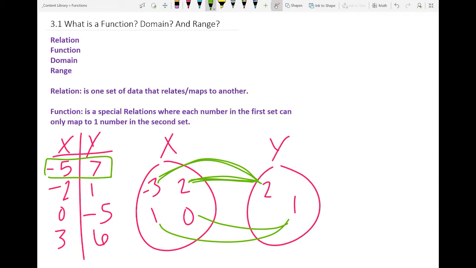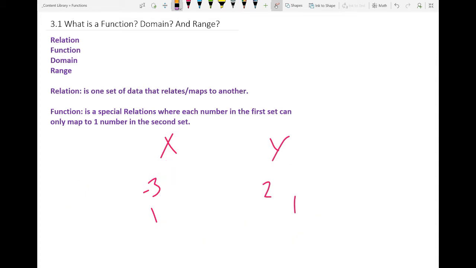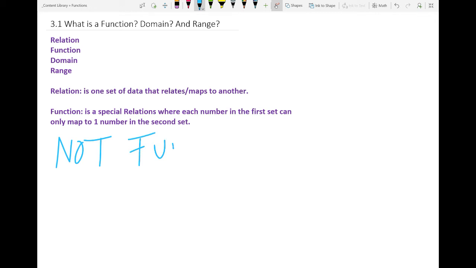Okay, let me erase that, and let's look at some non-examples. Just so we're clear, these are not functions.